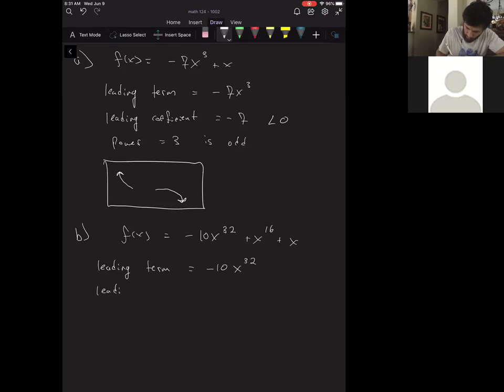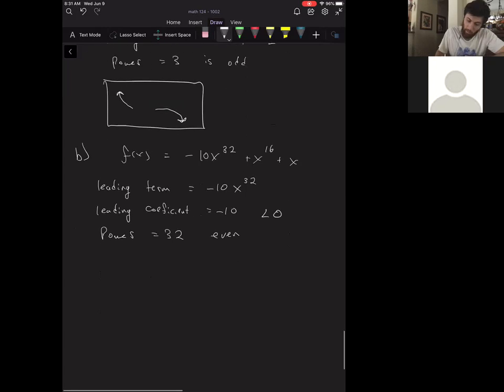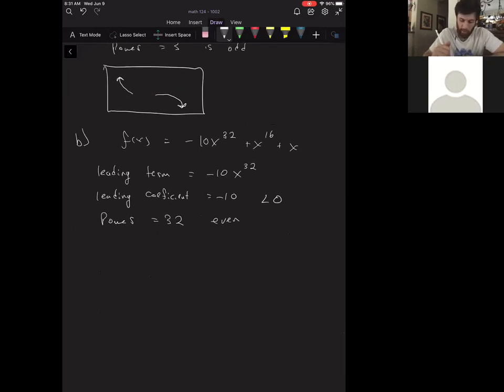Our leading coefficient is minus 10, which is negative. And then our power is 32, which is even. So if you go back up to the table above and see which one has the negative leading coefficient and an even power, you'll see that our end behavior is going to go down on the left and down on the right.